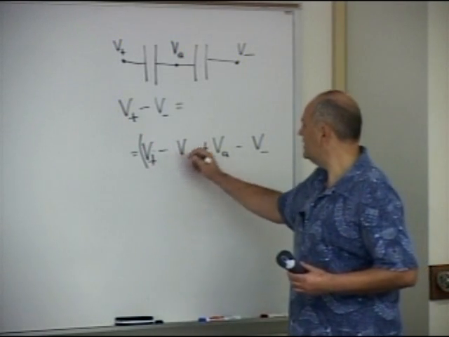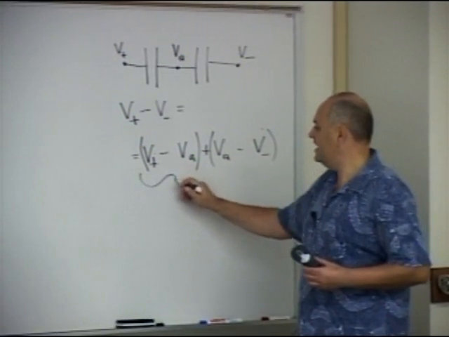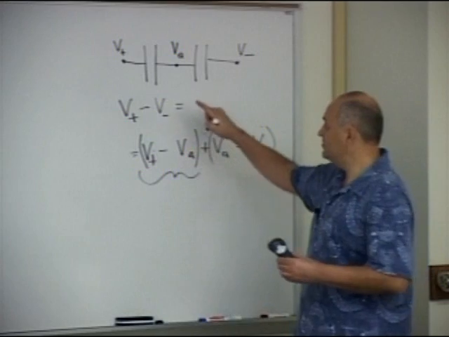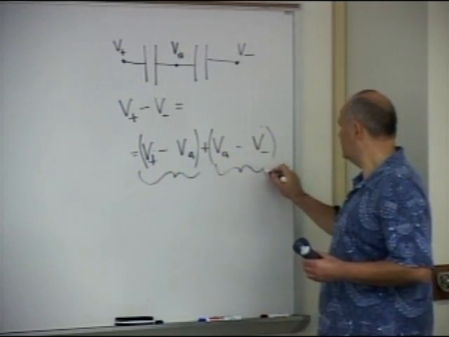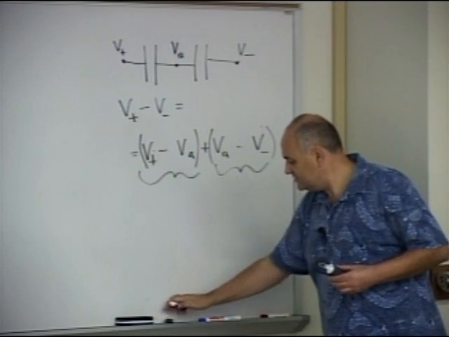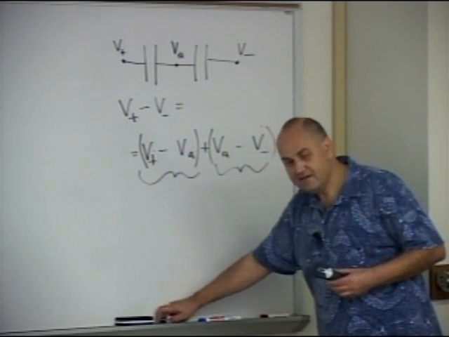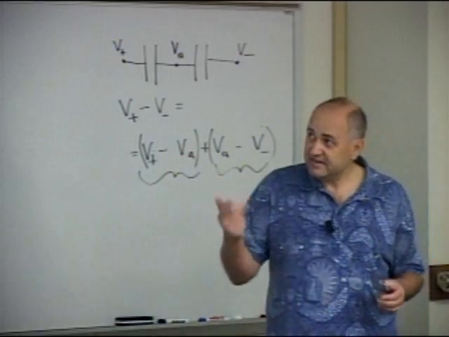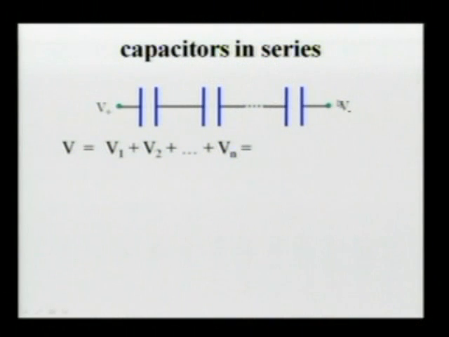Now I will associate these two terms and these two terms. This is the potential difference across the first capacitor. And this is the potential difference across the second capacitor. So indeed, if we add potential differences at a particular instant across all elements, we get the potential difference across this entire system.